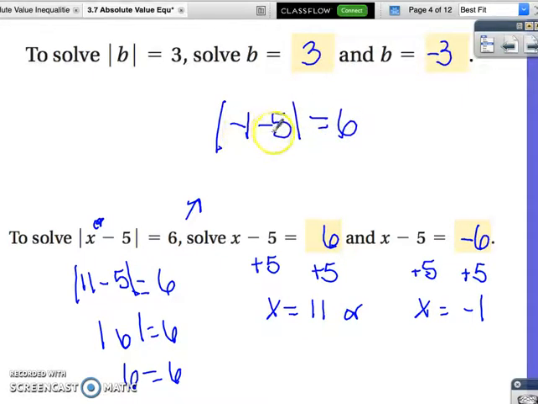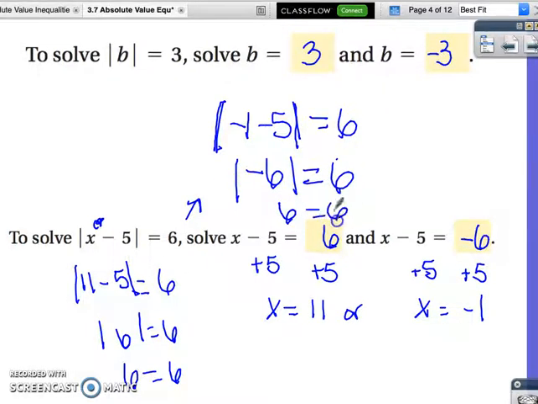Order of operations tells me I have to do what's inside the grouping symbols first. So negative 6, the absolute value of negative 6 is equal to 6. That is also true.